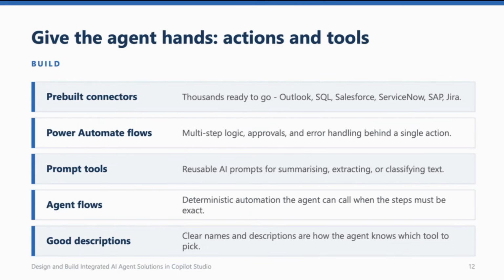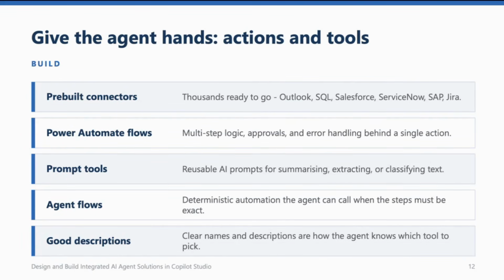So team, these actions and tools will help your agent to perform a task, right? And to take an action. Now, actions are what turn conversation into work, into a task.